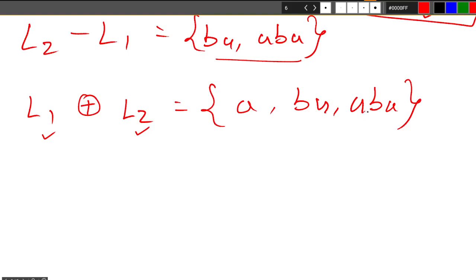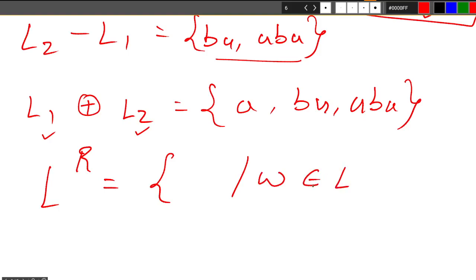So you already know these things. You have seen the reverse of a string. Now let me tell you the reverse of a language. What can be the reverse of a language? If W was an element of the language, this is the symbol for element of, right? So if W was a string of the language, then if you are reversing the language, you will have the reverse of all the strings.